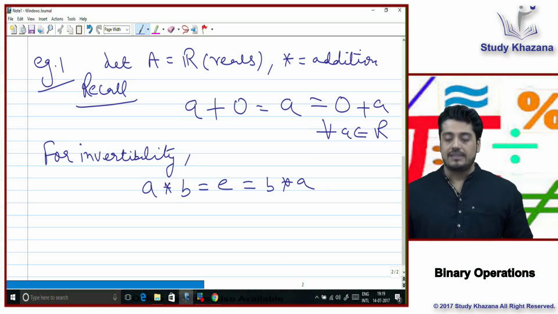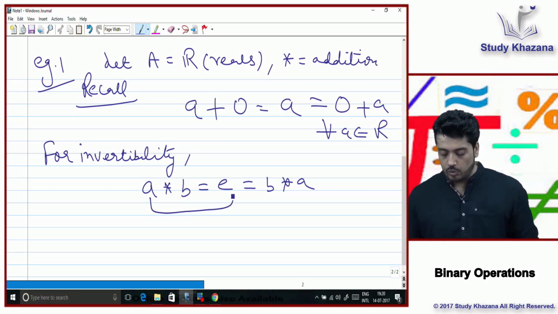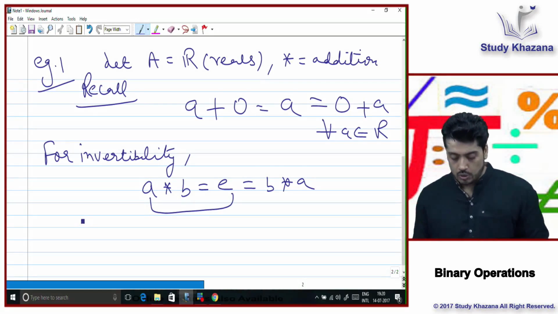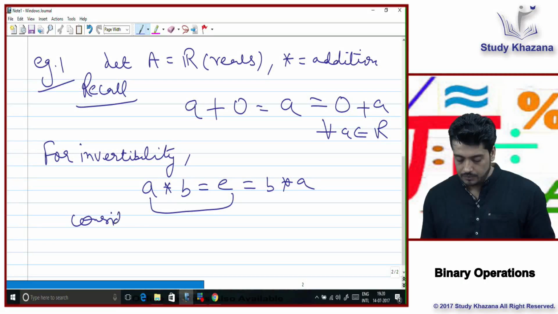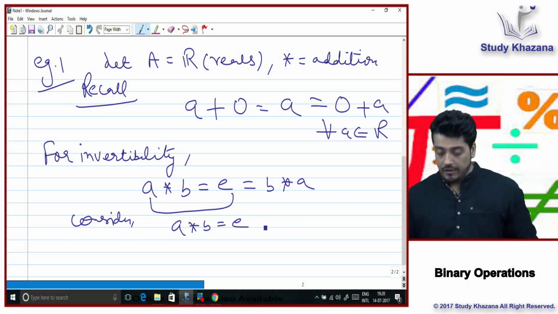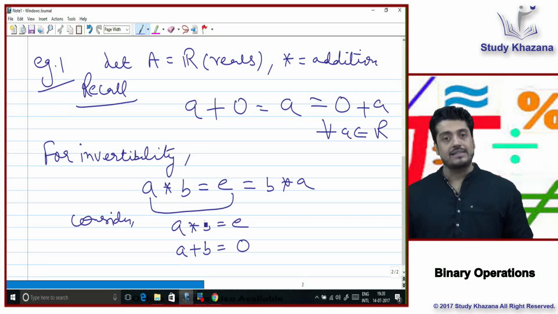Now, since the operation is commutative in this case, because we know that a plus b is the same as b plus a, if we consider only one side identity, then it will be more than sufficient. So consider a star b equals e. Now, in view of the definition of the binary operation, we must have a plus b is equal to 0, because my star is usual addition and my identity is 0.